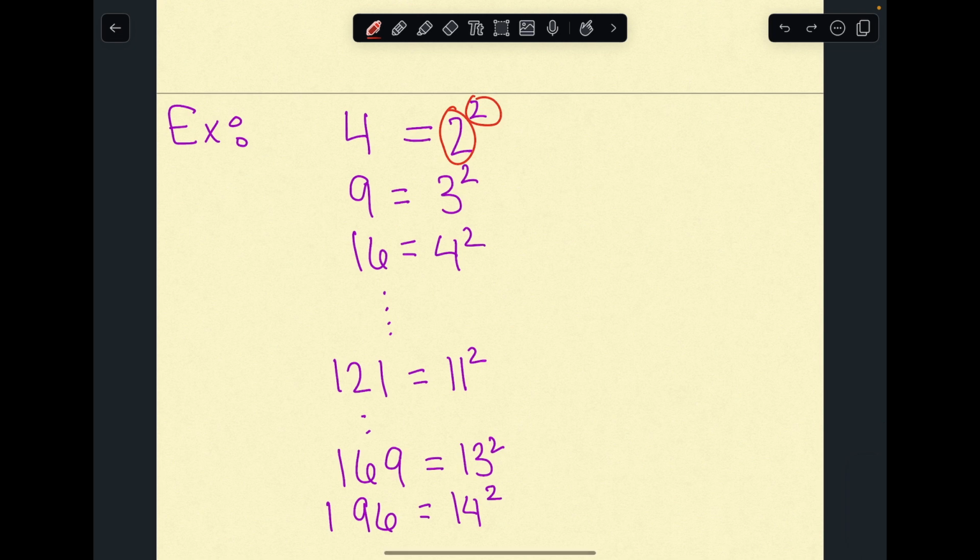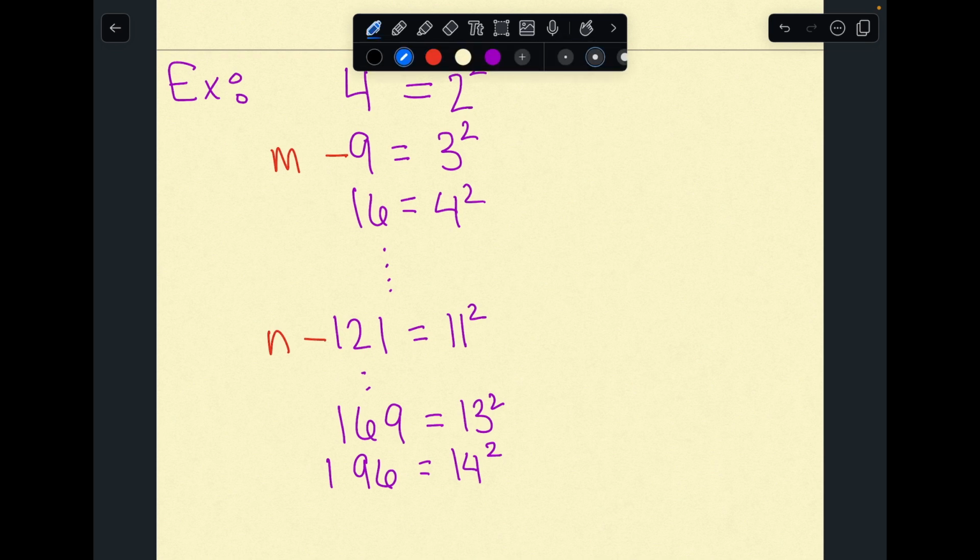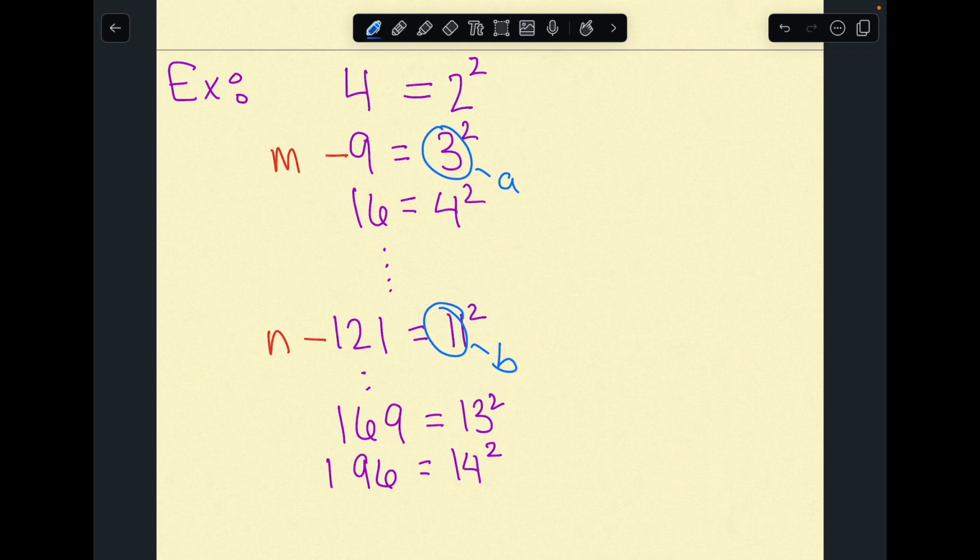It's true that they could be the same perfect square, but again, for the sake of this example, we want them to be different. So that means on the left-hand side, we can choose two numbers. I'll choose, I don't know, let's just do 9 for m and 121 for n. And you can swap these around however you want. You just have to make sure that m and n are different for this example. And that means that 3 for m would be A, and 11 for n would be B.